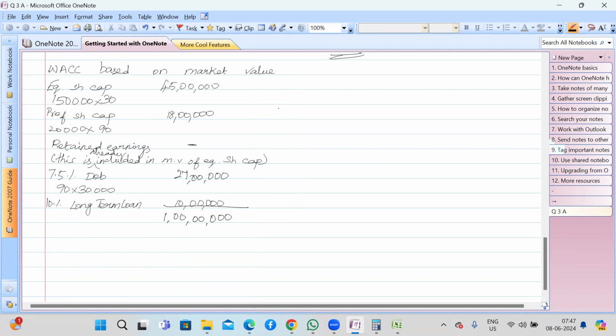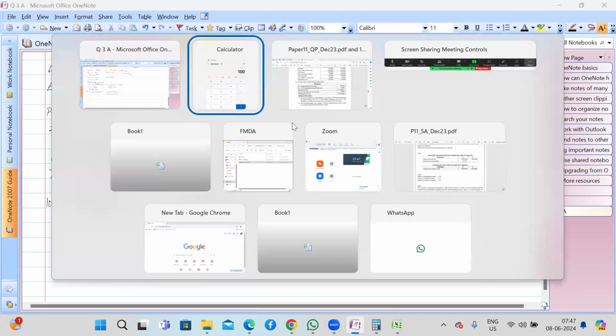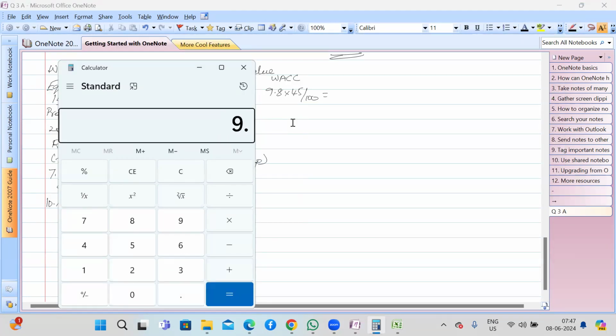Again, I want to calculate the weighted average cost of capital. For equity share capital it is 9.8 into 45 divided by 1 crore. Cancelling the zeros, 9.8 into 45 divided by 100, so 4.41.